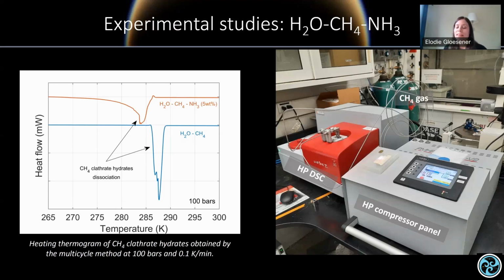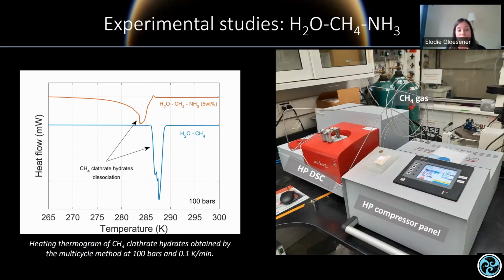Here on the right, you can see the high pressure piston compressor that is connected to the calorimeter, and it allows operation at constant pressure up to 400 bars. In our experiments, we use CH4 gas at a constant pressure of 100 bar.